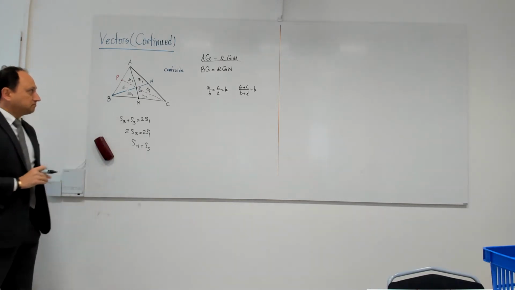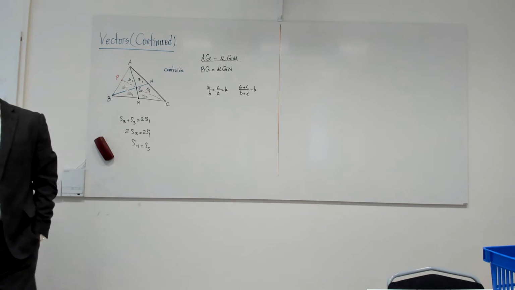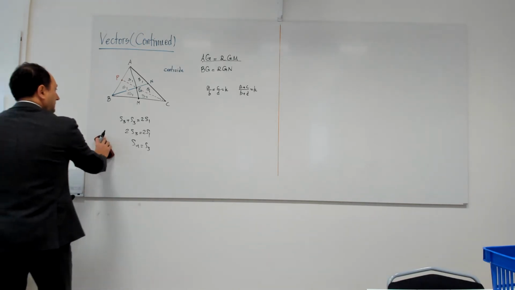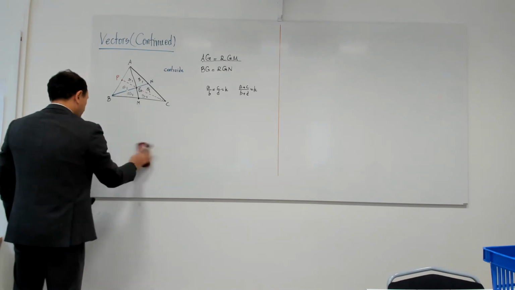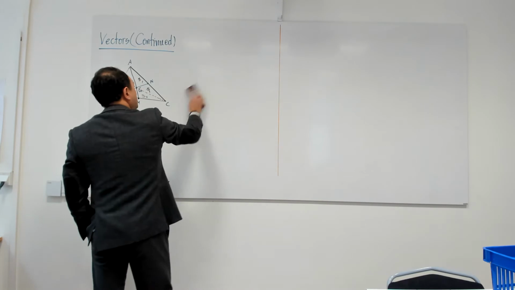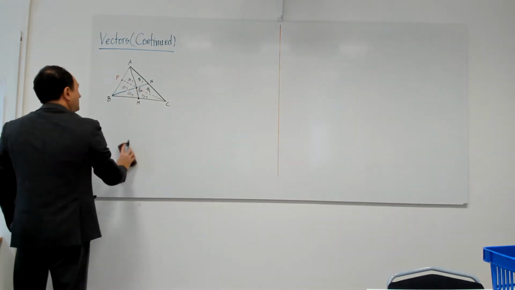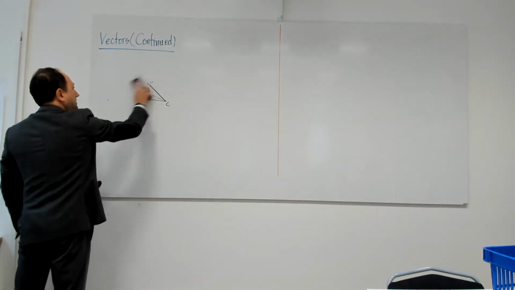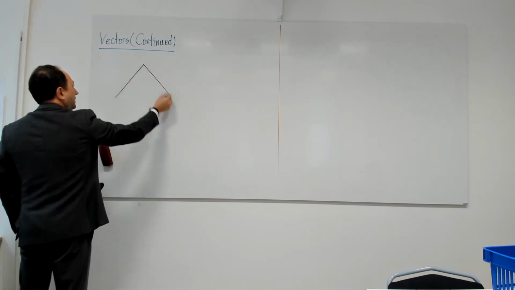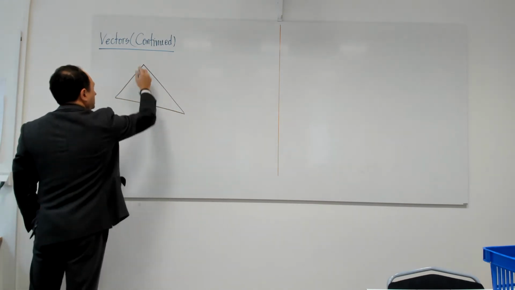Okay. Let me try to solve some problems. So there is an important theorem, so let me clean this and then redraw it again. So assume that I have a triangle ABC.